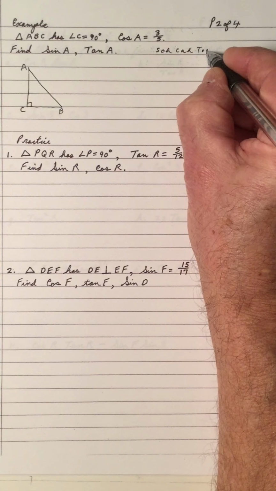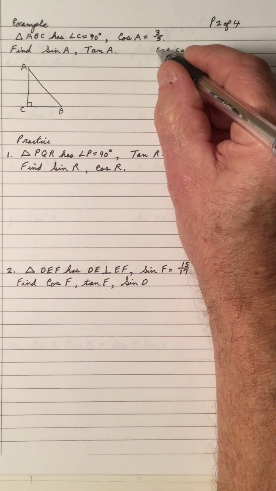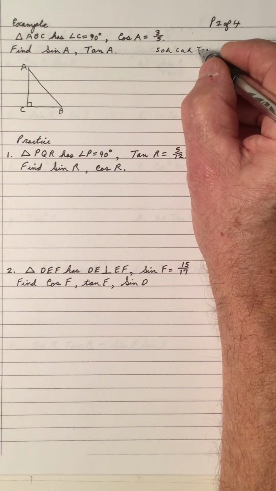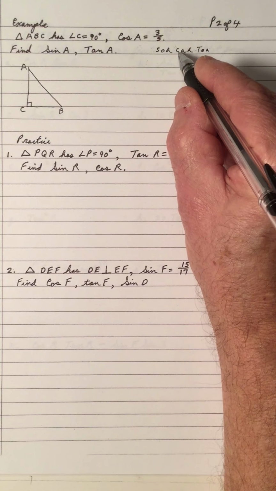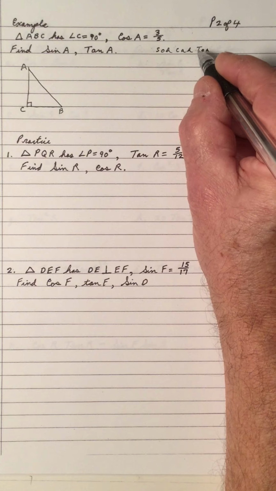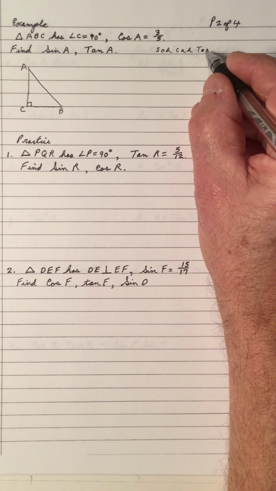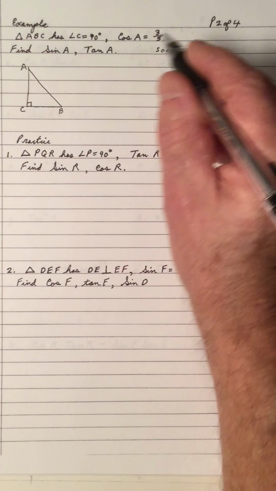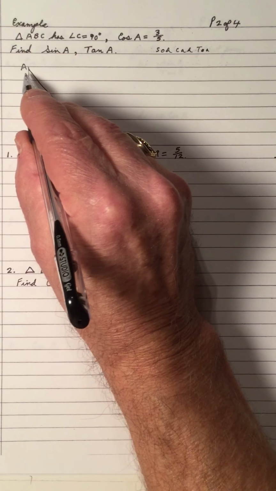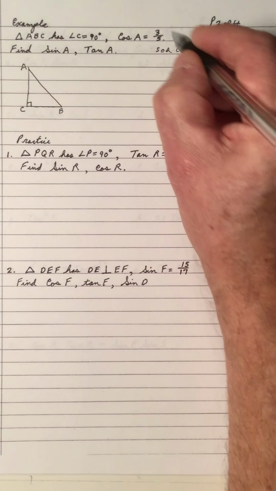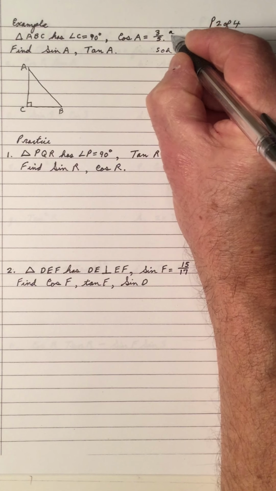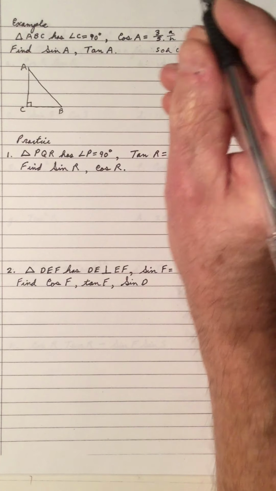SOHCAHTOA. Sine is opposite over hypotenuse, cos is adjacent over hypotenuse, tan is opposite over adjacent. So if the cos of angle A is right here, cos is adjacent over hypotenuse.